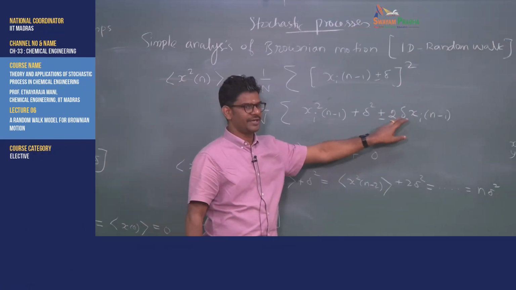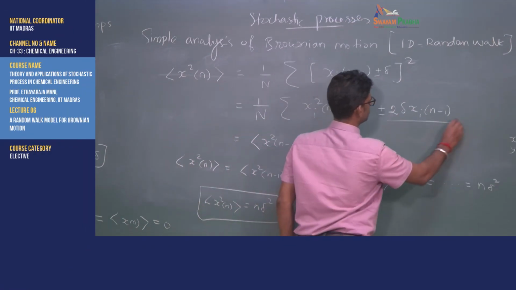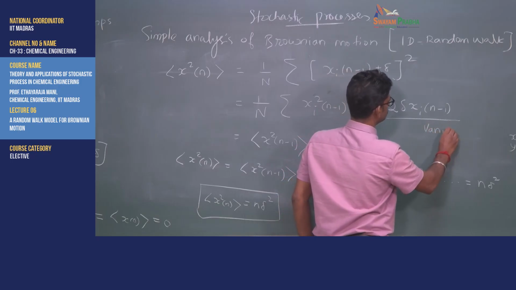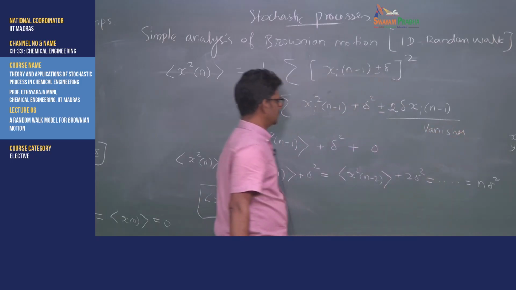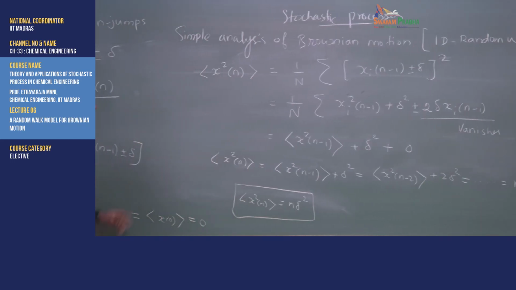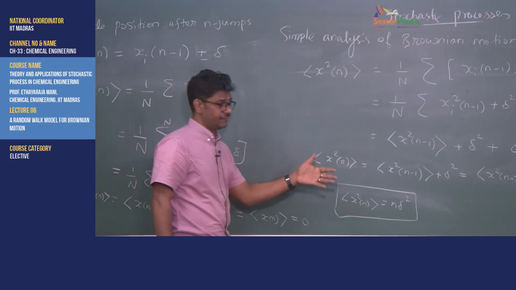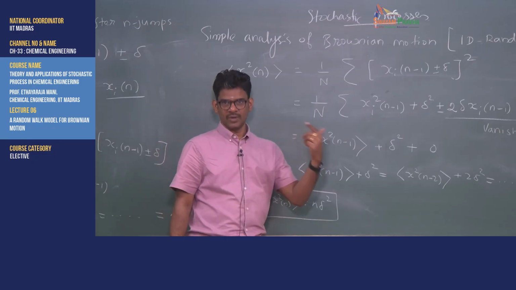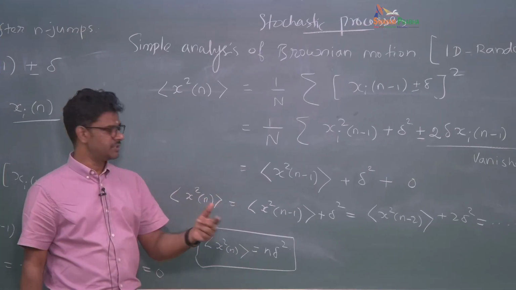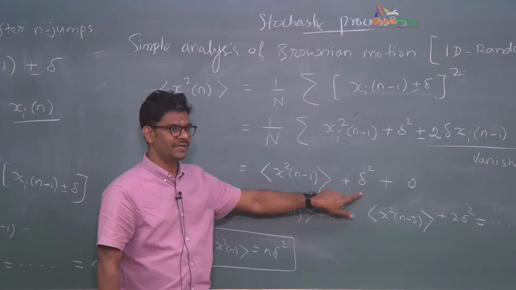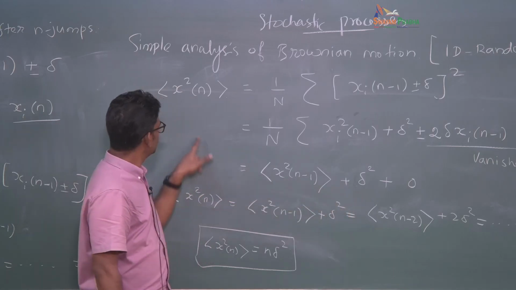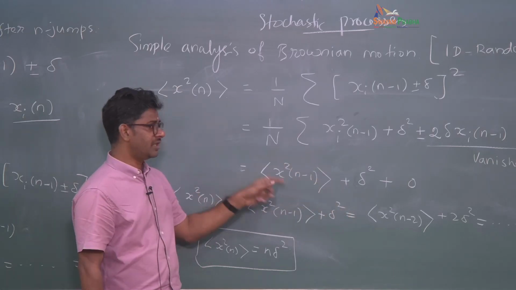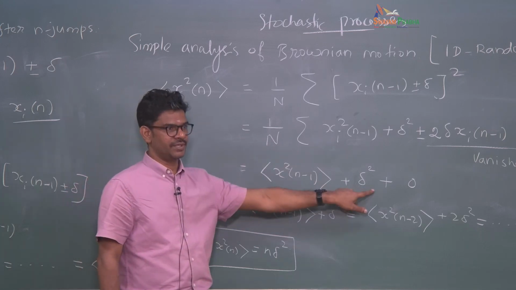This term will vanish. So unlike the mean behavior, the mean square behavior is different. For every one jump, the mean square displacement is increasing by a unit of delta square. So the mean square at n is the mean square at the previous step plus delta square.